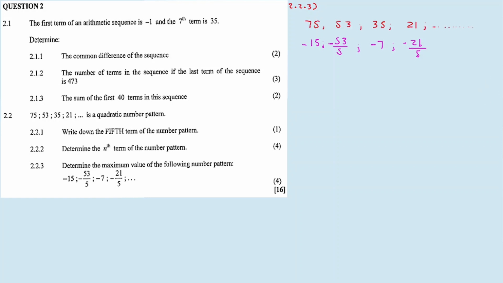There's actually a relationship. This number pattern, minus 15, minus 53 over 5, is derived from the previous one.